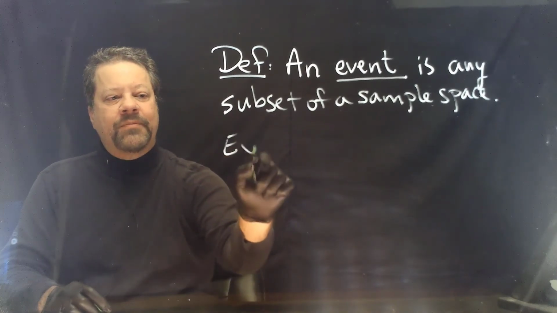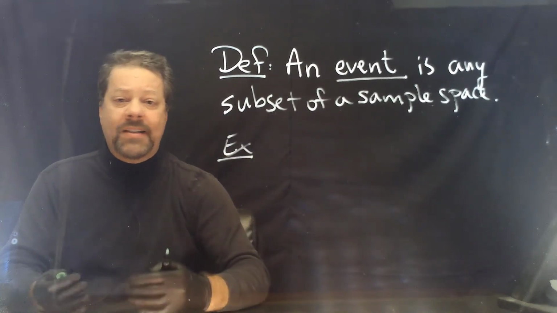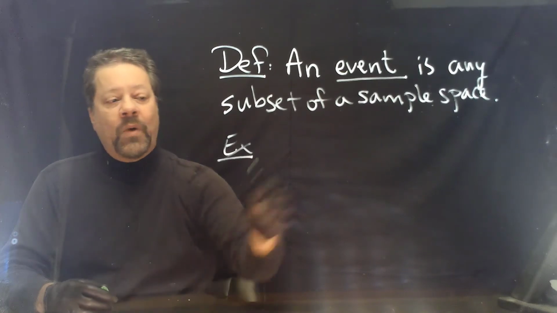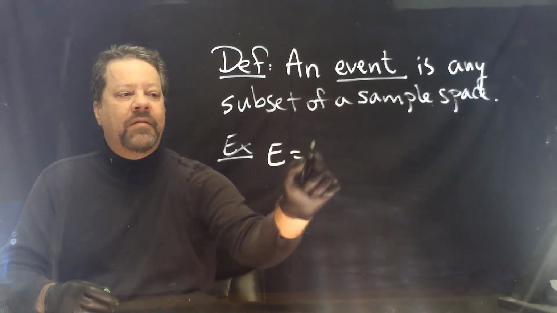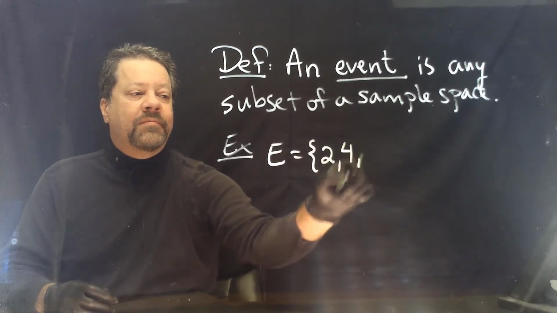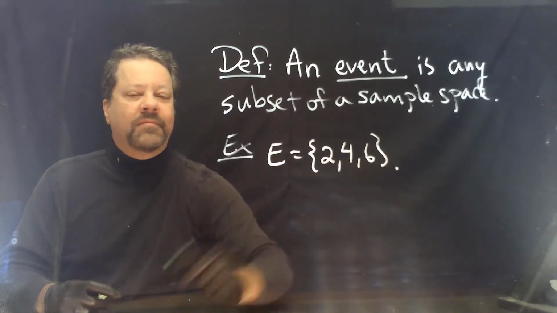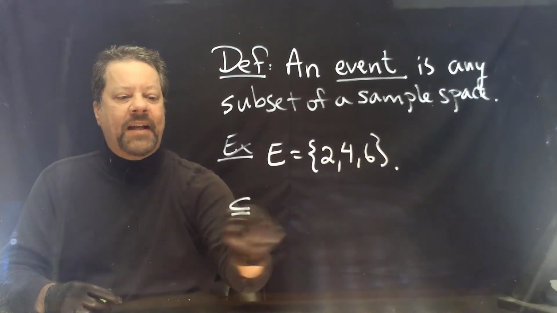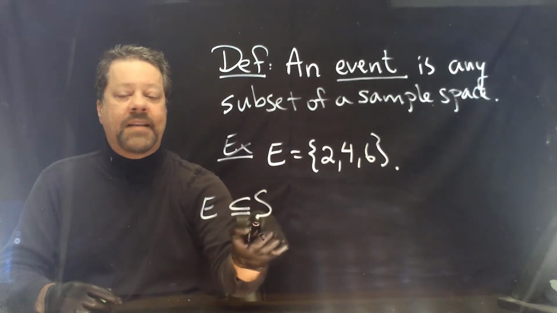As an example, suppose I'm rolling a single die. One event could be I roll an even number. That's a subset of the sample space.